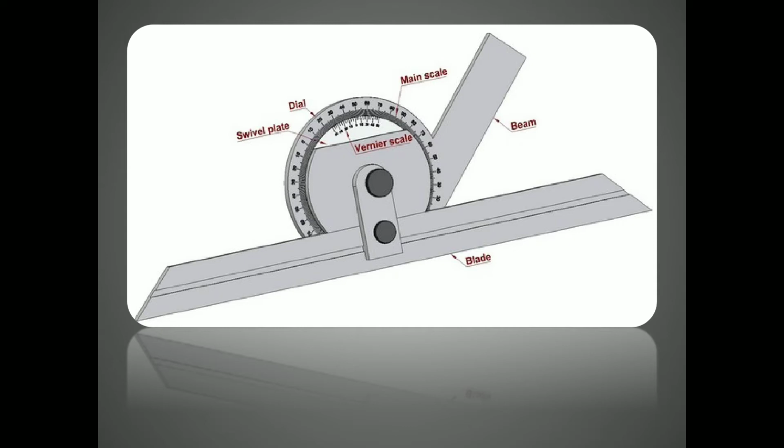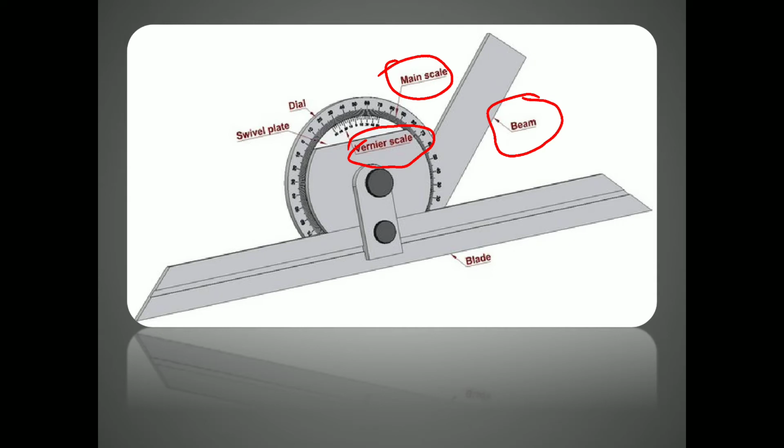Here also you can see the vernier scale is provided to take an accurate reading, or to go towards the true value. Then you can see the main scale, then the beam, or you can say the stock, which has a flat surface as well as a straight edge.